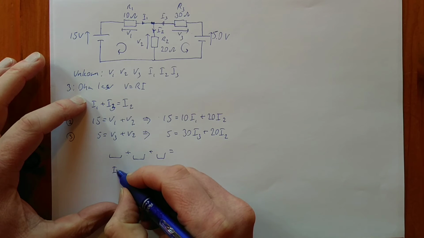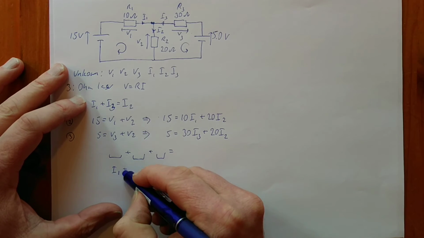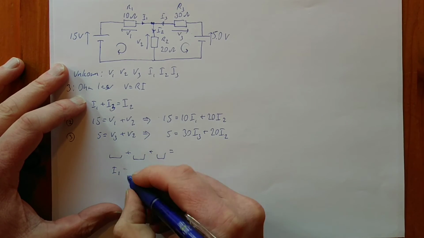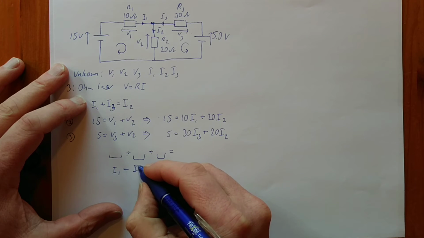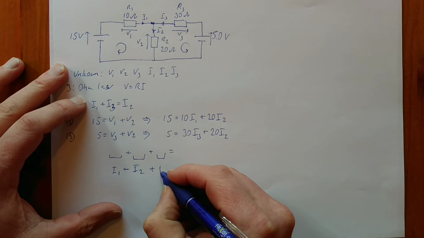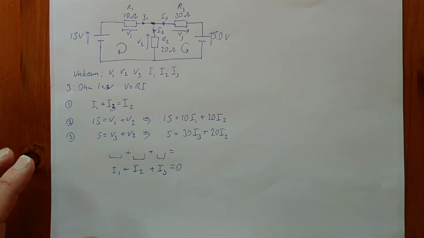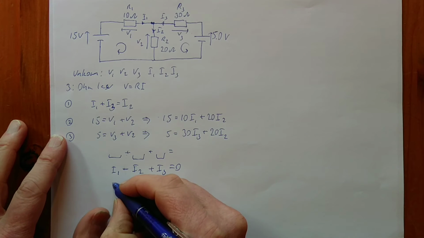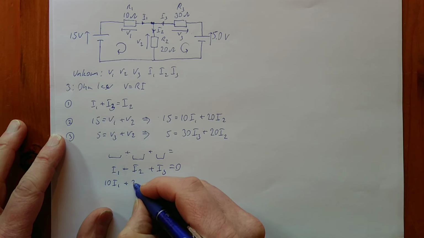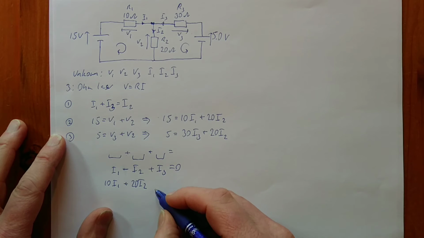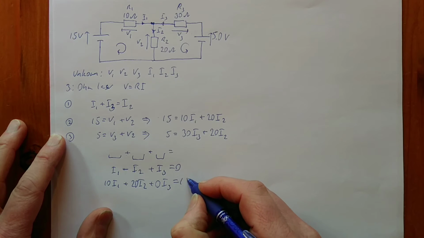So I will rewrite the first one as I1 minus I2, subtract I2 there, minus I2 plus I3 equals 0. And then we have the second one, which will be 10I1 plus 20I2 plus 0I3 equals 15.